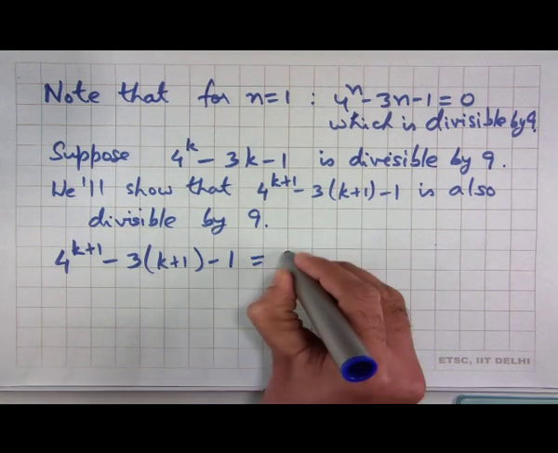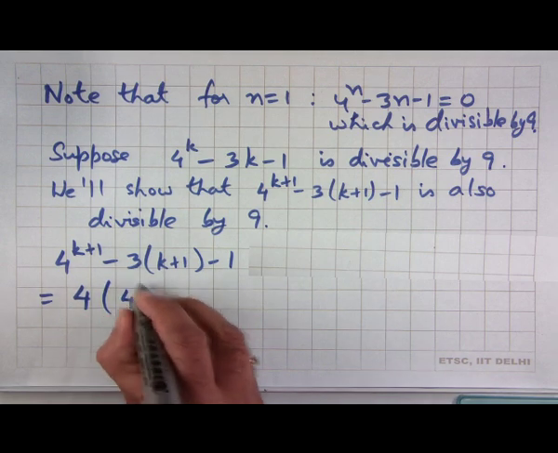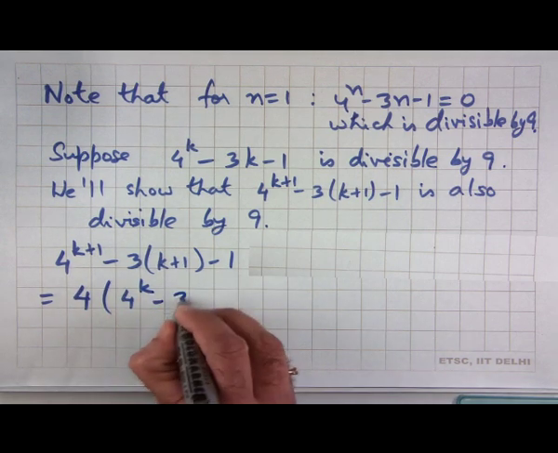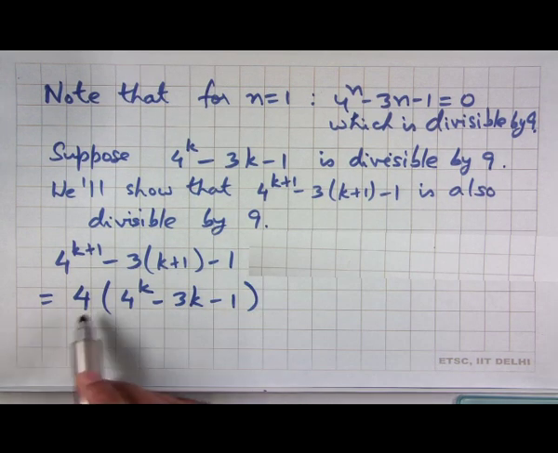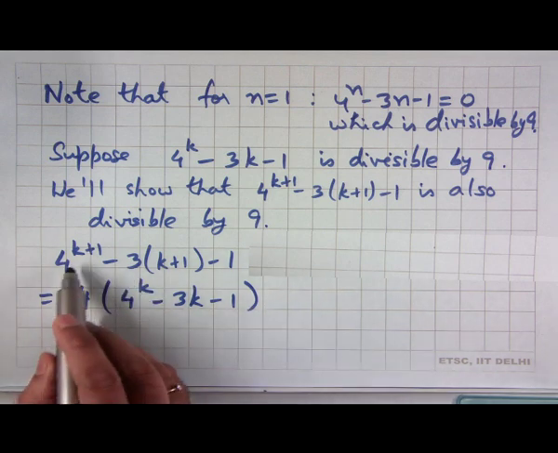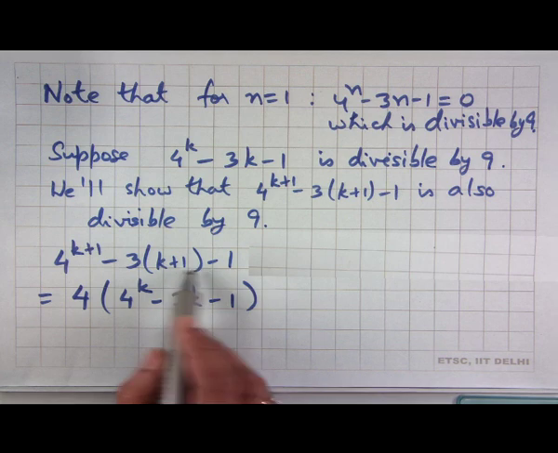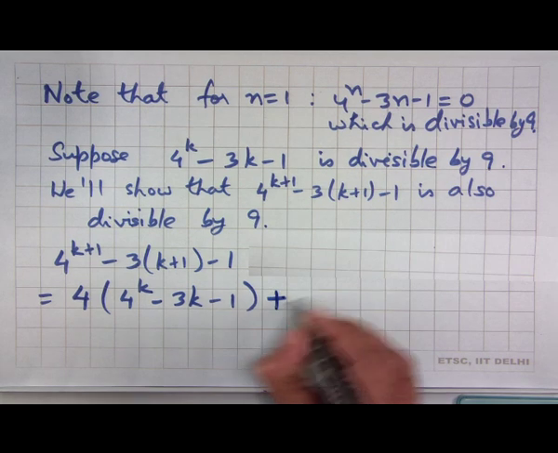This can be written as 4 times (4^k minus 3k minus 1). So, this gives me 4^(k+1) minus 12k minus 4, but here I have 4^(k+1) minus 3k minus 4.